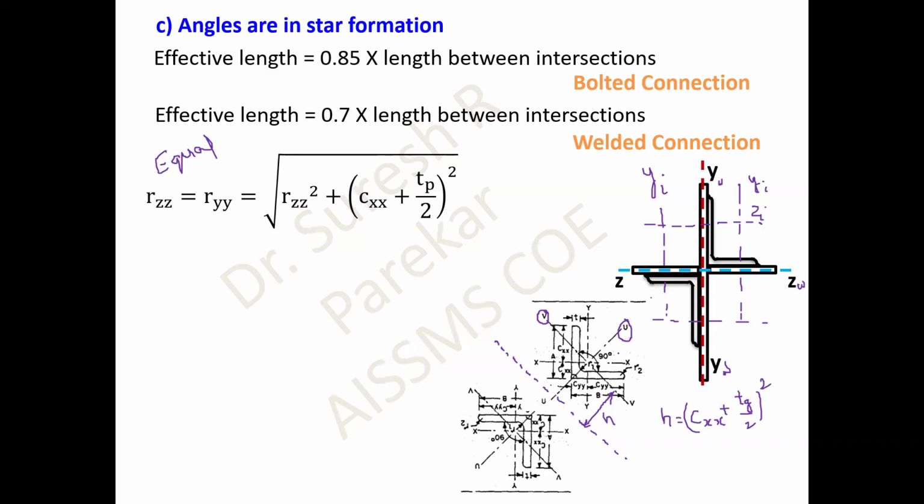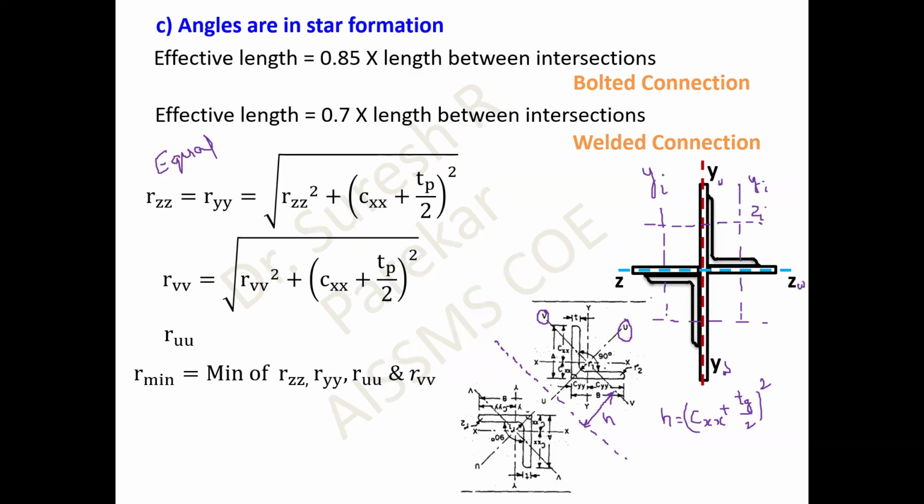For RVV also, we can consider this and find RVV. Then we can find RUU, and the minimum of all these, RZZ, RYY, RUU and RVV, we are going to take as R minimum, and knowing R minimum we can find the lambda value for this star angle section.